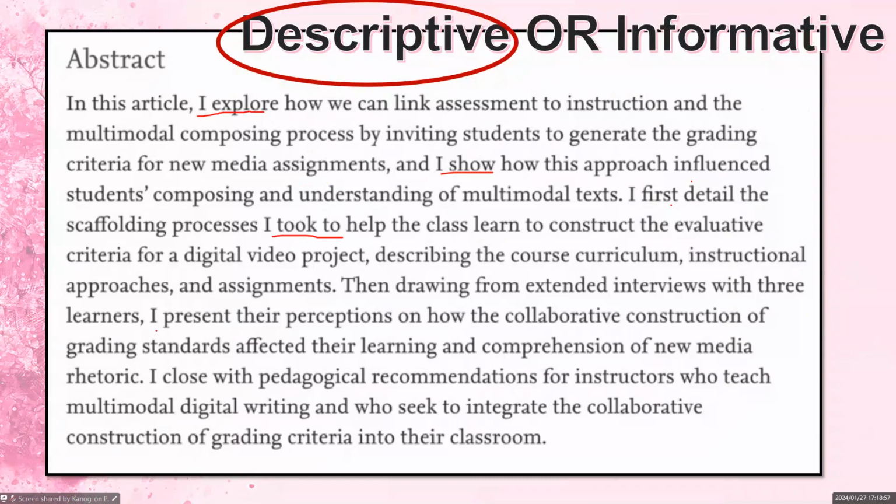So this is what happened, and I present their perceptions. So this describes what they do. This paragraph might be long, because you can see the writer talking in detail about each step, what he first did, and then the result. Okay, very good.